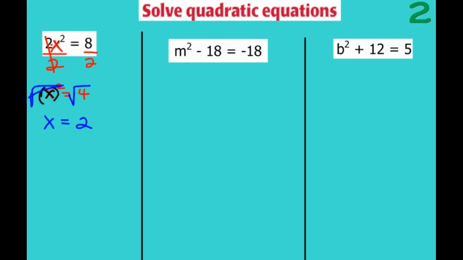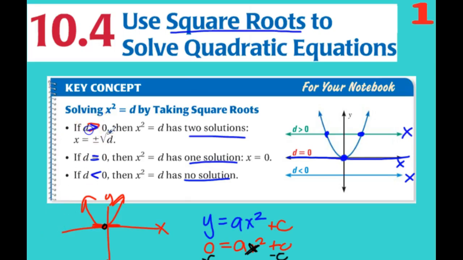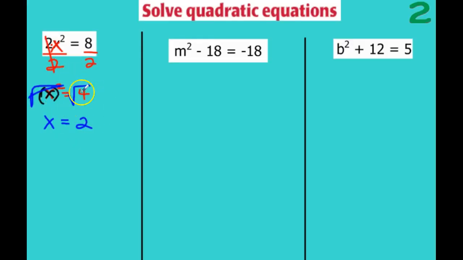However, we were told back here that if d is greater than 0, there are two solutions. D right here is 4, greater than 0. There are two solutions. Positive 2 is an answer, but also negative 2. Because back here, when we just had x squared, x could have been a negative 2, because negative 2 times negative 2 also gives us 4.